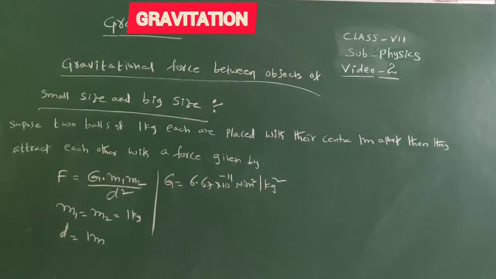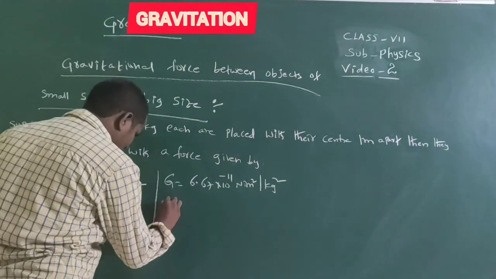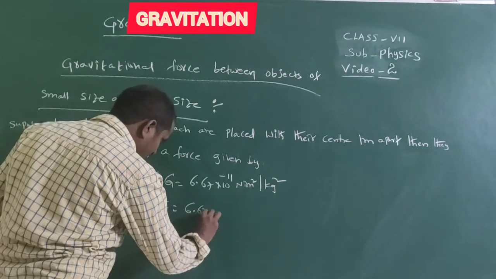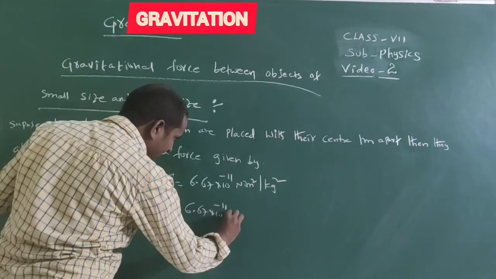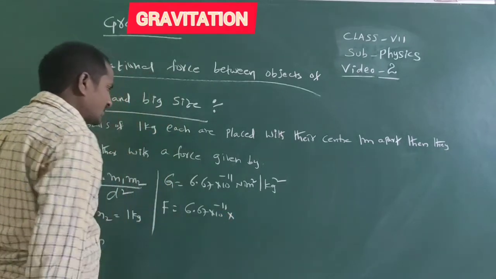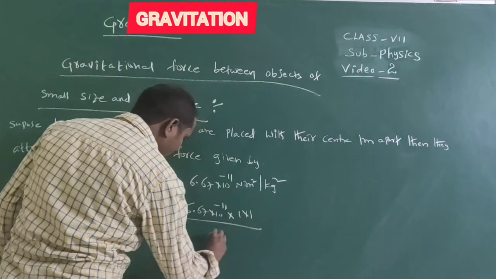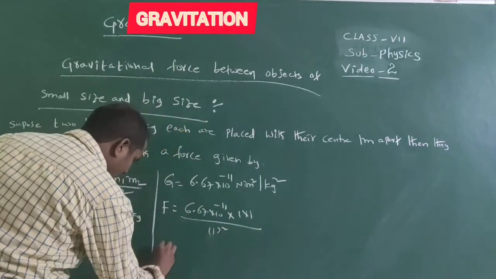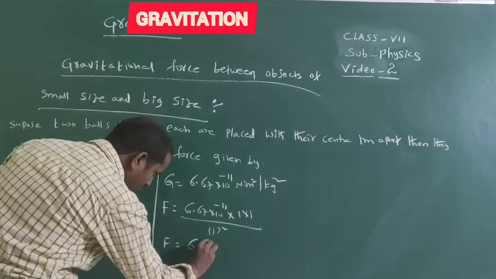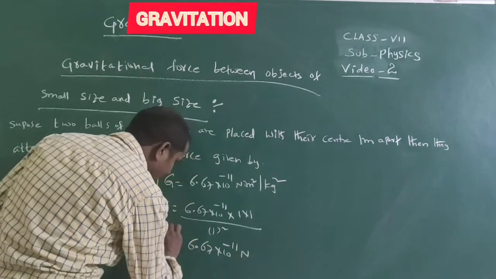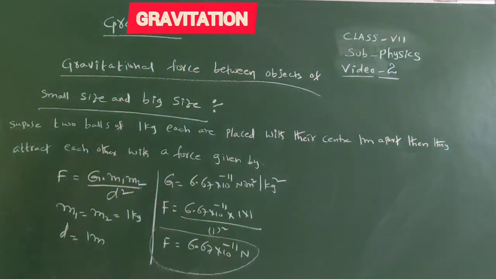Then force F equal to 6.67 into 10 power minus 11 into 1 into 1 by 1 square, that is, force equal to 6.67 into 10 power minus 11 newtons.